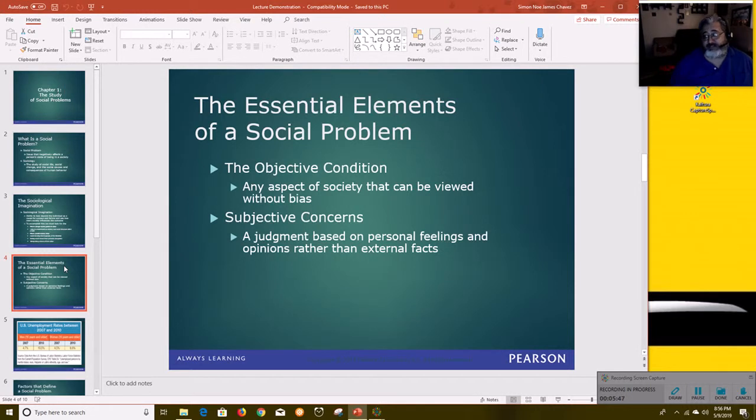some of the essential elements of social problems, of course, the objective condition, any aspect of society that can be viewed without bias. We see this problem as a real living problem, not seeing it to where well, it's just somebody's point of view. This is poverty, hunger.